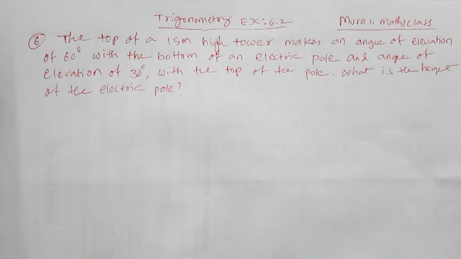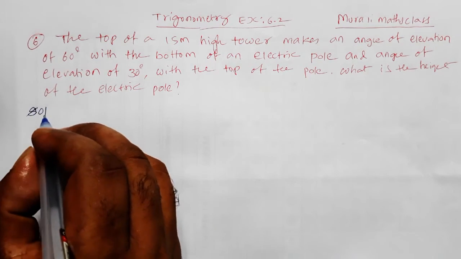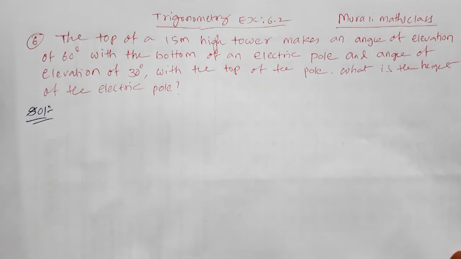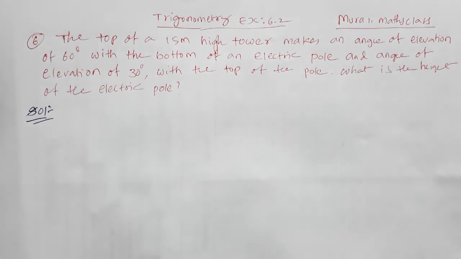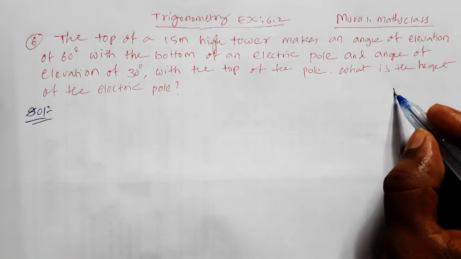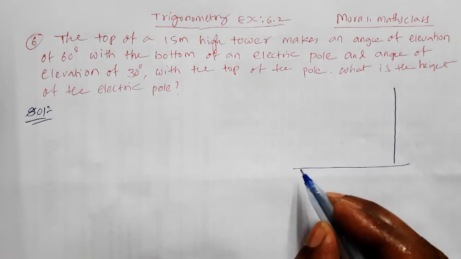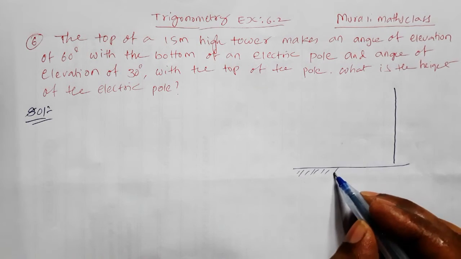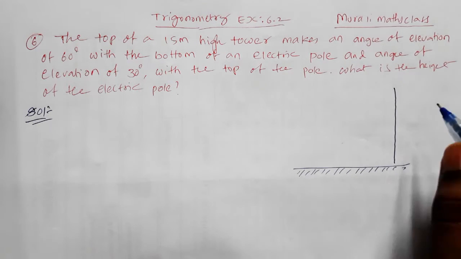First read this problem carefully and draw the diagram. First we have to read the problem. The top of a 15-meter high tower. So one tower is there. Let us draw the ground here. This is the ground. Tower 15 meters height.